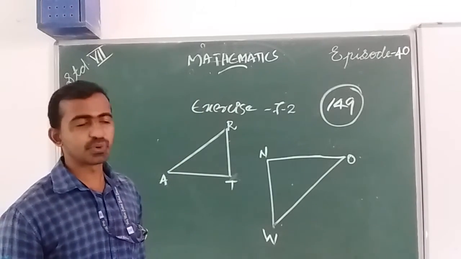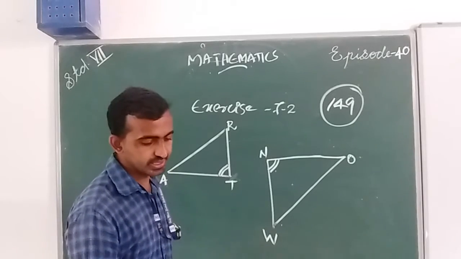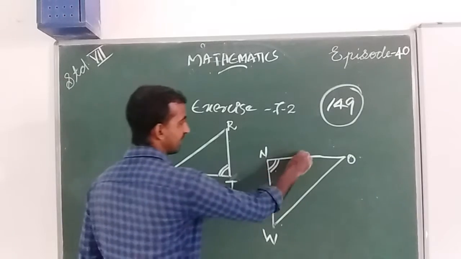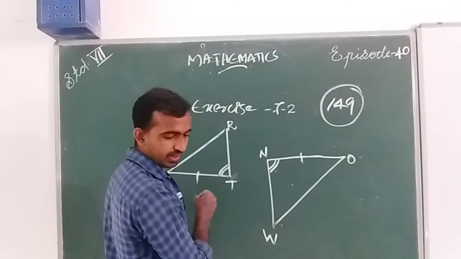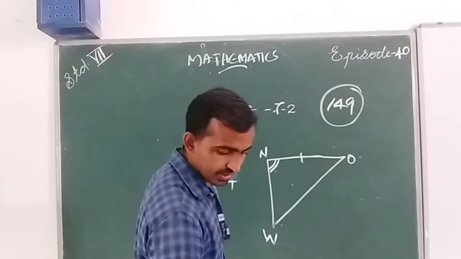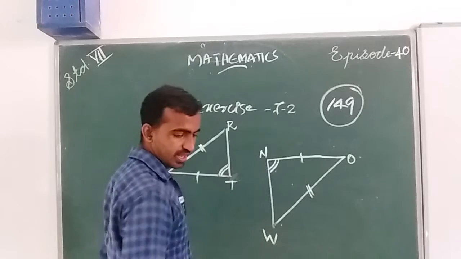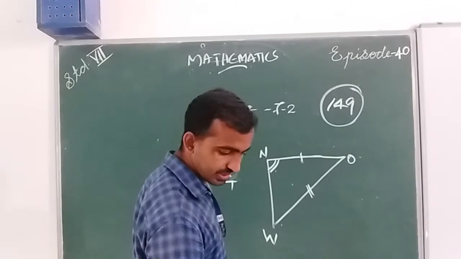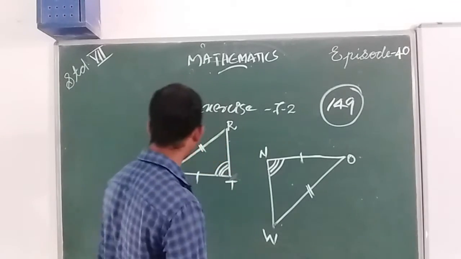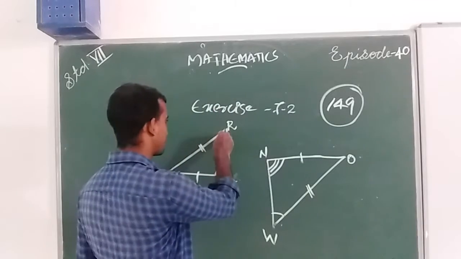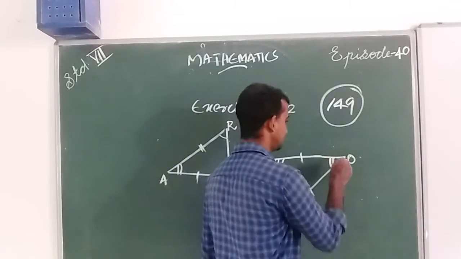Here these angles are equal, and this is NO and AT, and next WO is congruent to AR, and angle T, and W is one and R is one, and next is A and O is W.